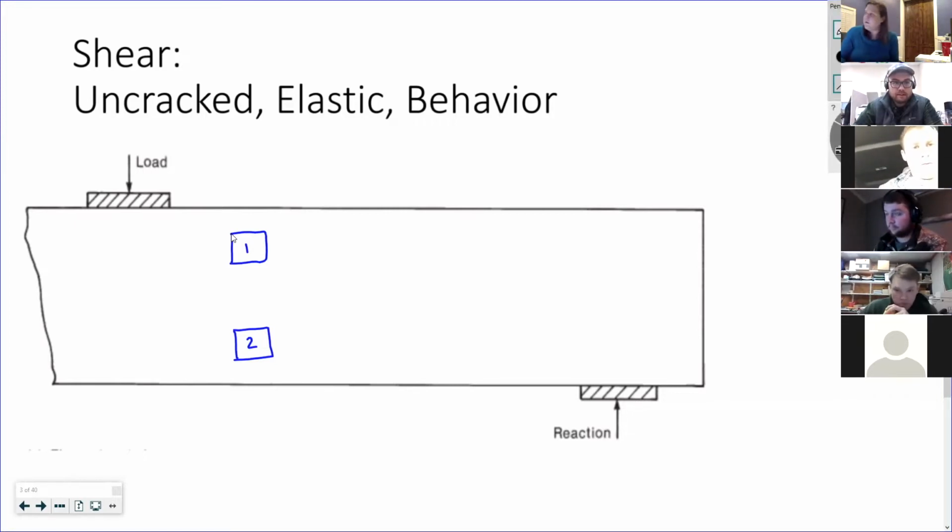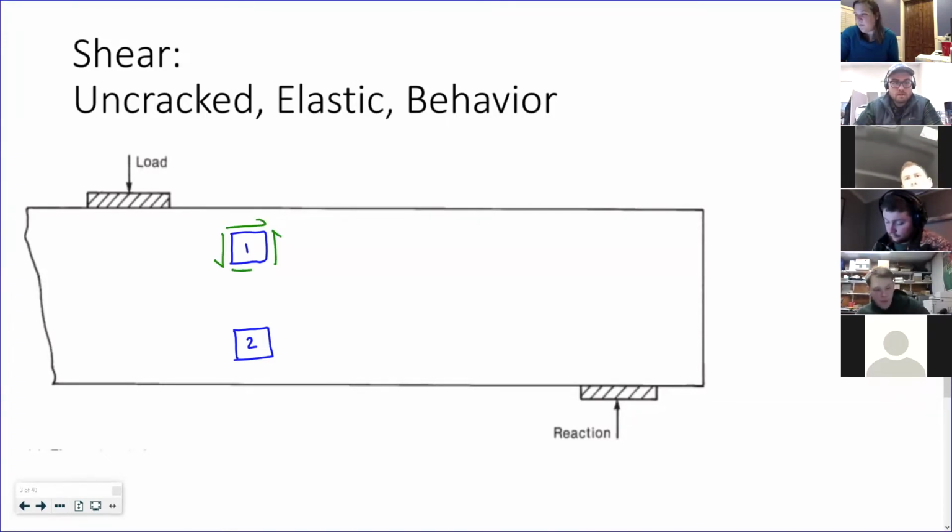And we have shear acting on both, shear stresses acting on these little elements.